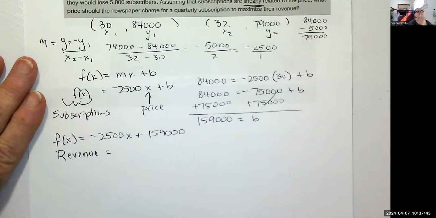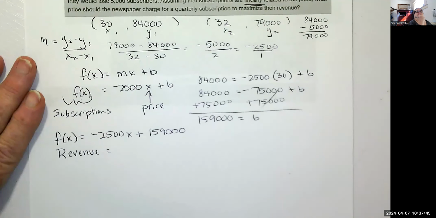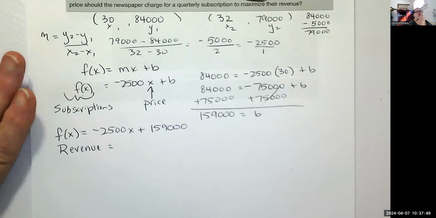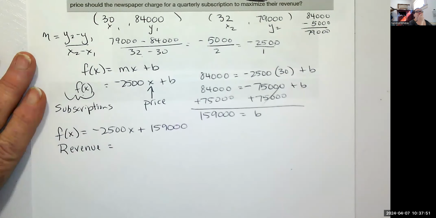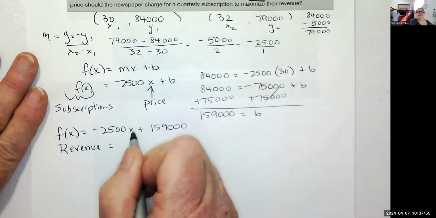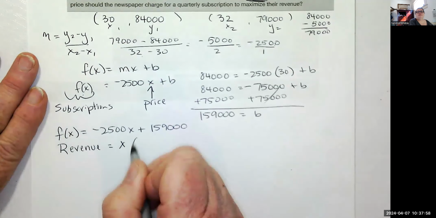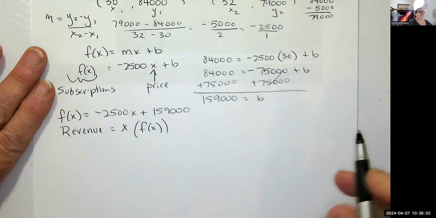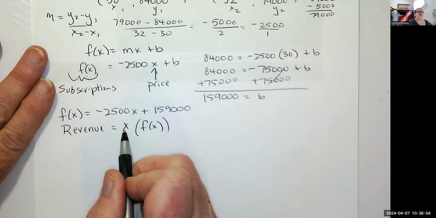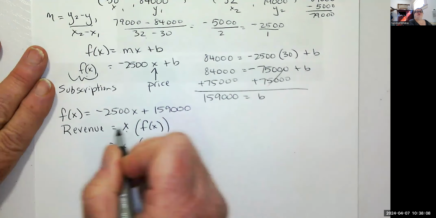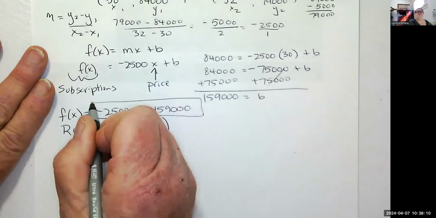I hate that I used x. It probably would have been better if I used p for price, but let's just go with it. Let's go with x times f of x, because that's what we're dealing with here.